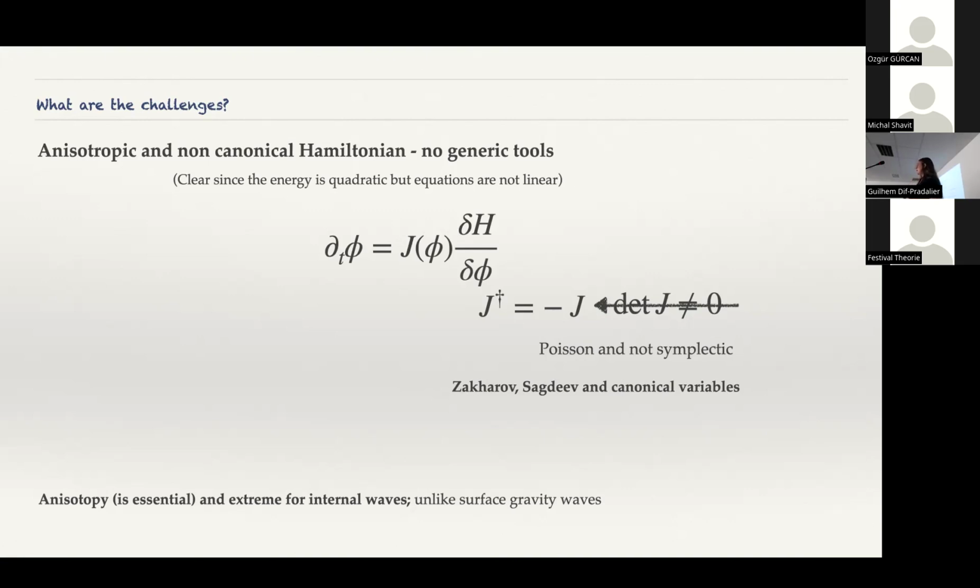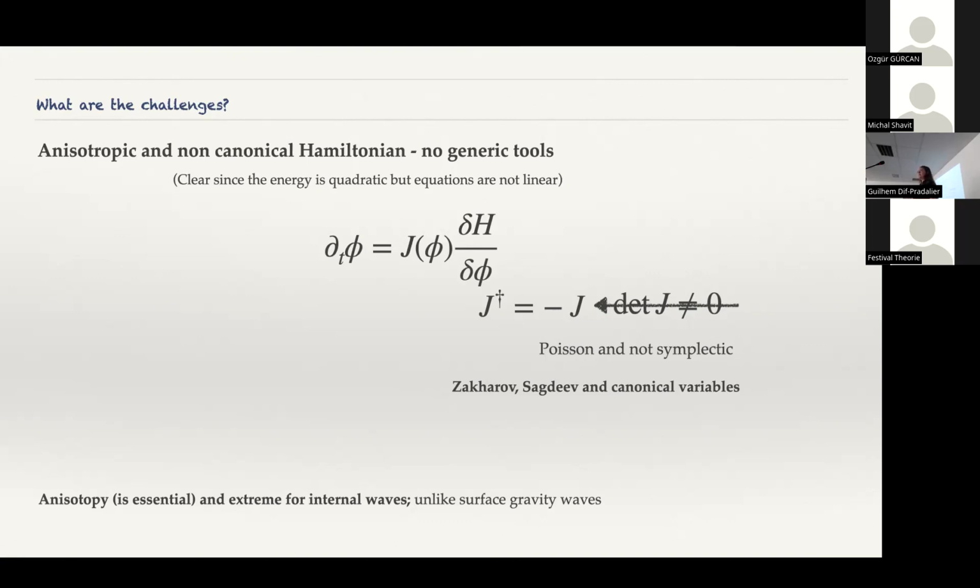So in the first attempts of weak wave turbulence with this problem, there were attempts to find the canonical variables, but the Euler equations or the Boussinesq equation are not canonical Hamiltonian. This is not a very important part, but for me it's a nice thing to understand. I'll remind you in a moment what is canonical and what I mean by non-canonical Hamiltonian.